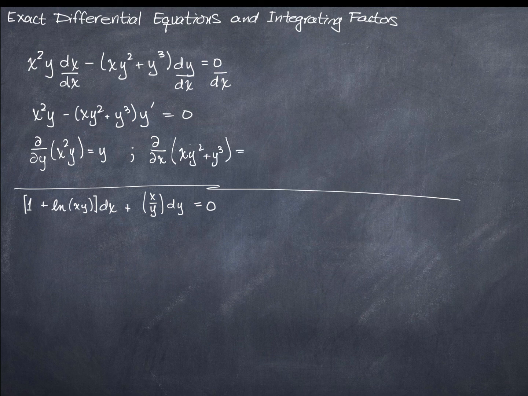Differentiating with respect to x, I have a constant times x, that's y squared, plus, well, if x is my variable of differentiation, y is a constant, this whole thing is a constant, that's going to be 0. These are different.